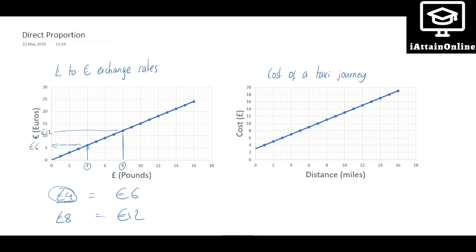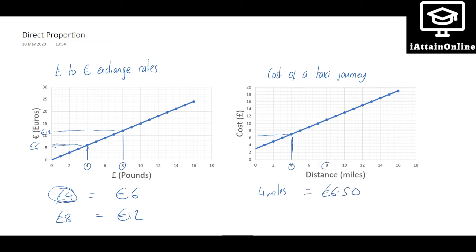The second example, the cost of a taxi journey. If I do the same thing here, let's take 4, so 4 miles in this case would give me, if I go across here, £6.50.